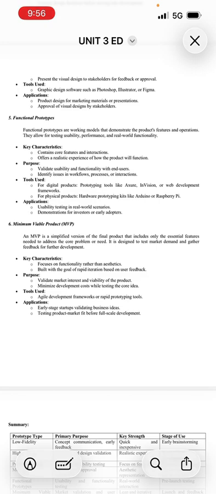The key characteristics are a focus on function rather than aesthetics, built with the goal of rapid iteration based on user feedback. The main purpose is to minimize development cost while testing the core ideas. The tools used here are agile development frameworks or rapid prototyping tools, and the application is early stage startup validation of business ideas, testing products and market fit before full scale development.